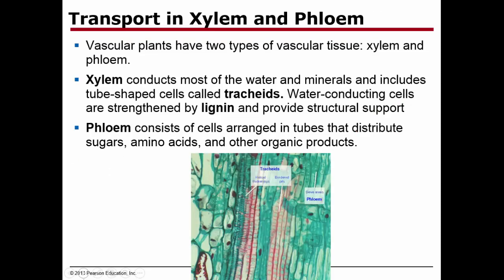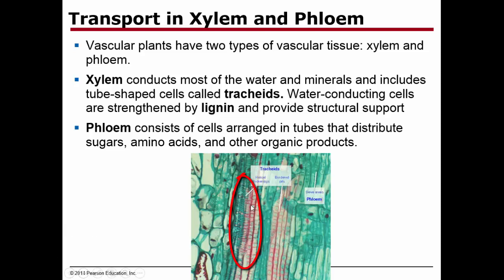So let's take a look at the structure of the vascular tissues. They consist of two different types. Xylem is the tissue that conducts water and dissolved minerals. It contains tube-shaped structures called tracheids that are pictured here.